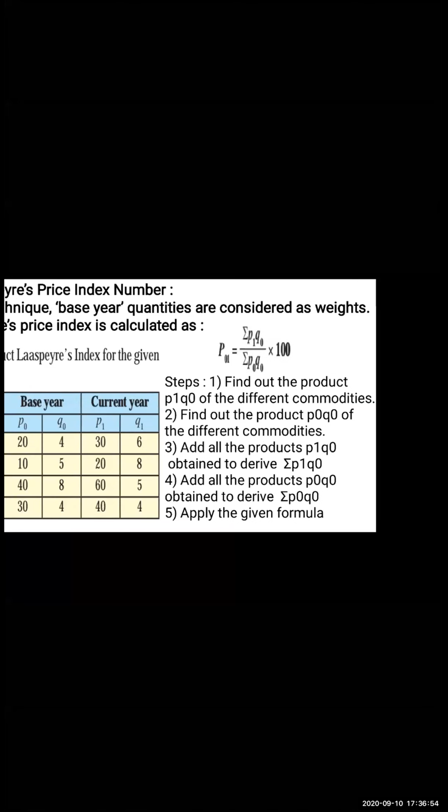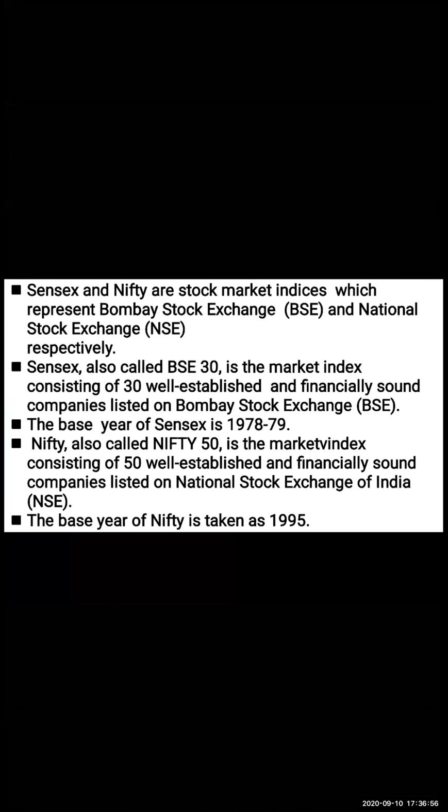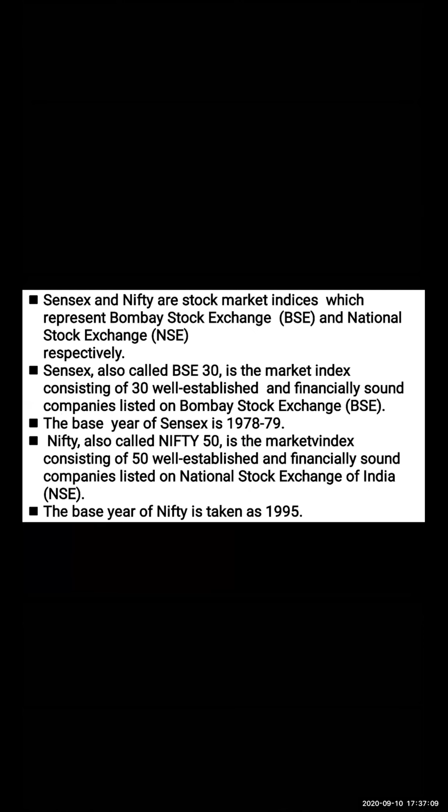So moving ahead now. Next part they have told over here, like in what all things we use. Do you know? Sensex and Nifty are the stock market indices which represent Bombay Stock Exchange, BSE, and National Stock Exchange, that is NSE.